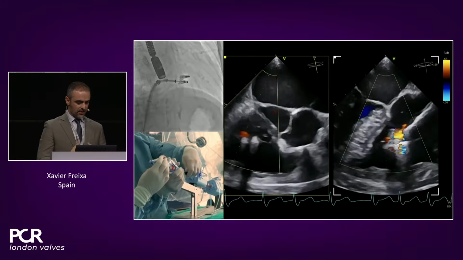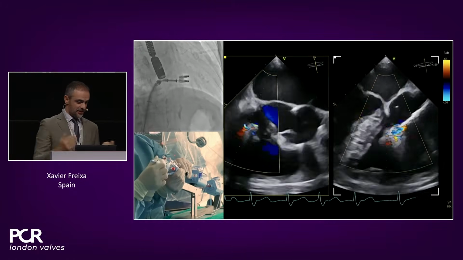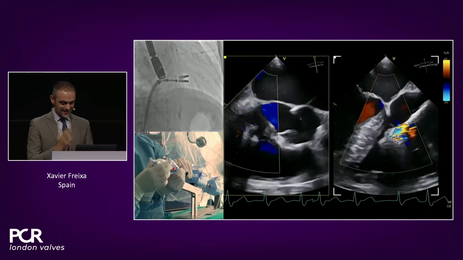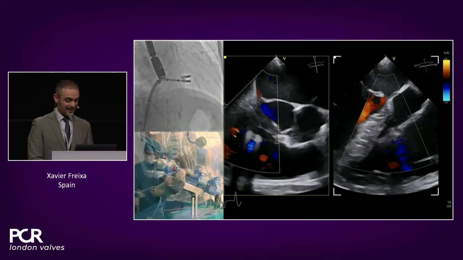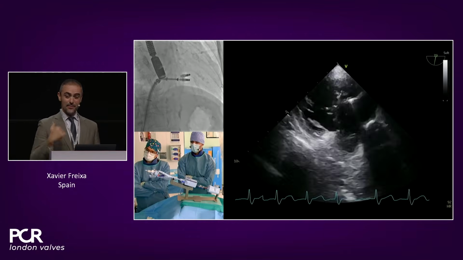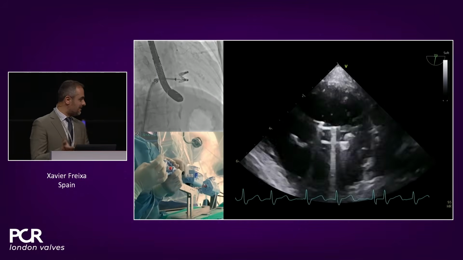You see that the reduction in the color looks good, and apparently there is no interaction with the clip. And that is really something surprising, because when you check the transgastric, you see that even though you reduce color with this second clip, the posterior leaflet is gone.